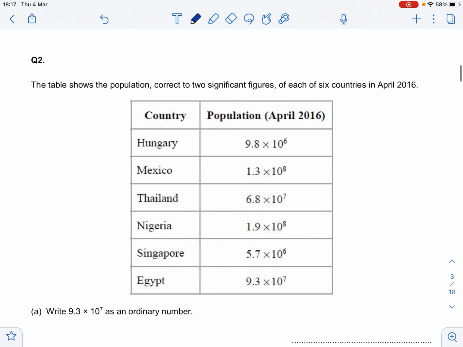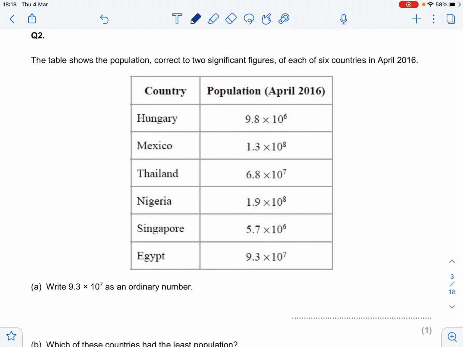Okay, let's look at question 2. The table shows the population, correct to 2 significant figures, of each of 6 countries in April 2016. Part A, you write this number as an ordinary number. So this just means 9.3 multiplied by 10 to the power of 7, which is 7 zeros.